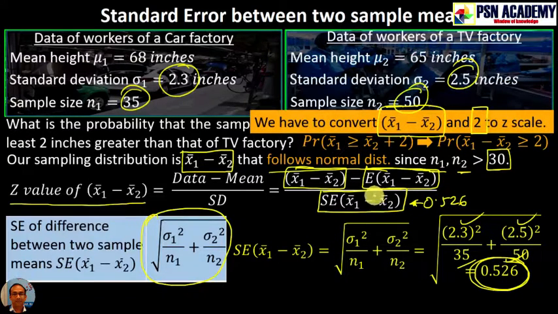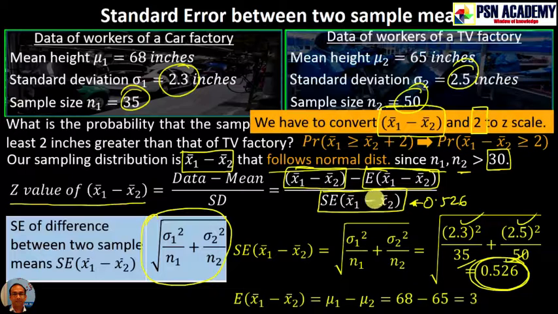In the numerator, we can go for the expectation. This expectation is mu1 minus mu2, because some slides back, when we were discussing sampling distribution, we saw that whenever we have the expectations of all the means, then we were dealing with population statistics.